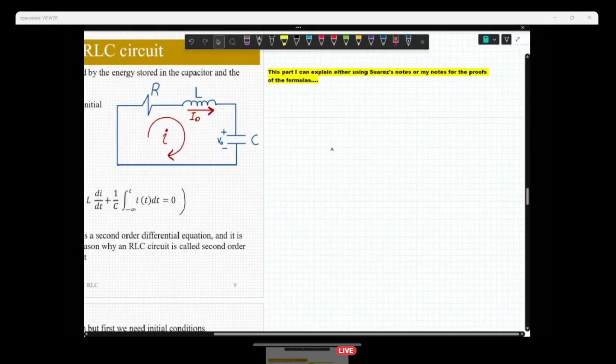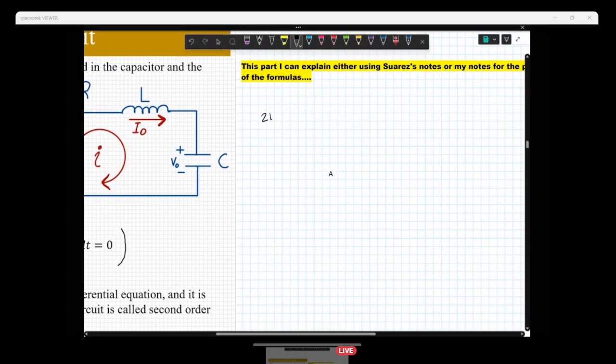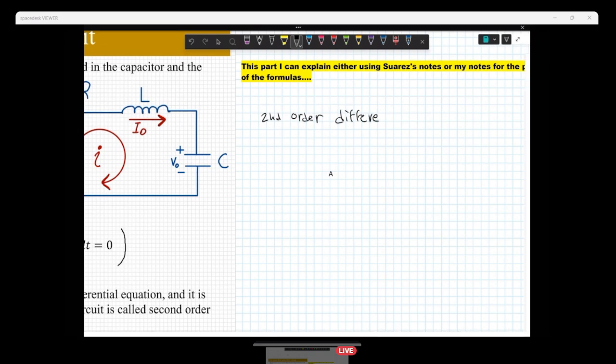But for second order differentials, you need two initial values. So this is just arbitrary. It could be some v of 0 minus or some i of 0 minus, something like that.